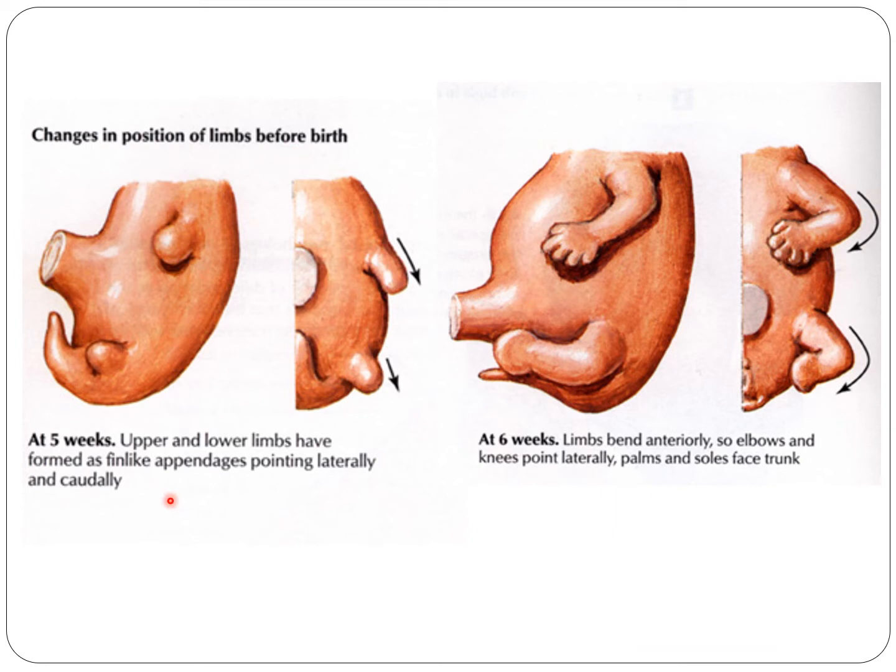So in the fifth week, when the limbs are appearing, they are appearing from the ventrolateral wall. So they have two borders. One is known as the pre-axial and the other is known as the post-axial border. This is the central axis of the limb, and this part will be pre-axial and this part will be post-axial.